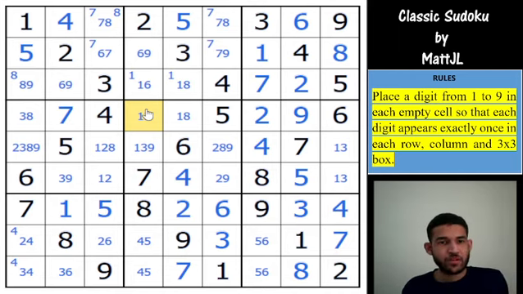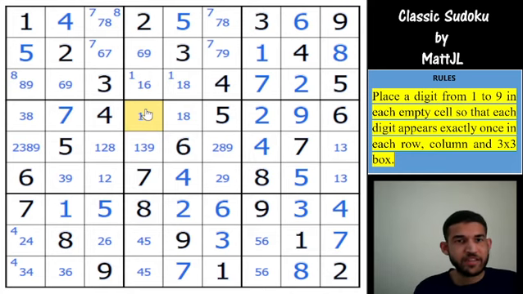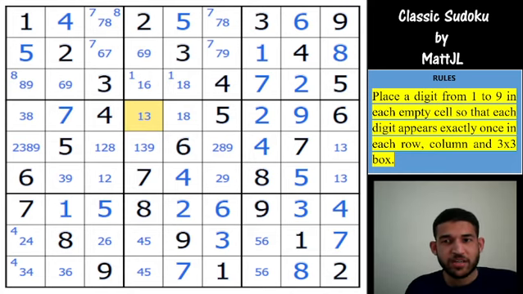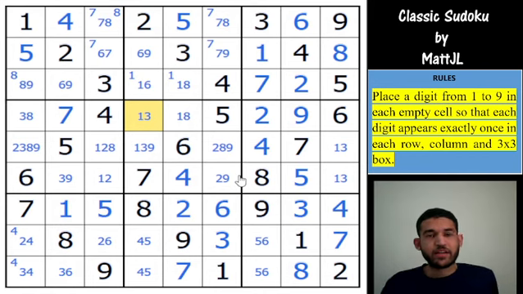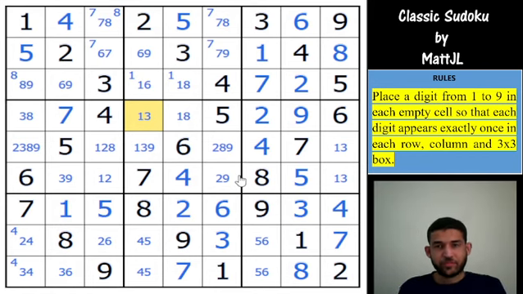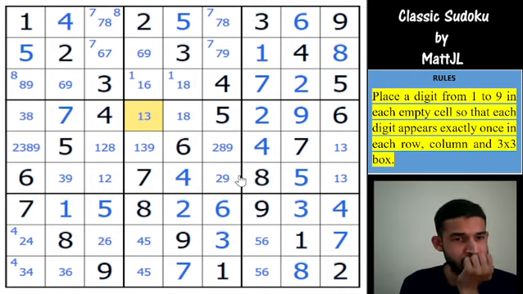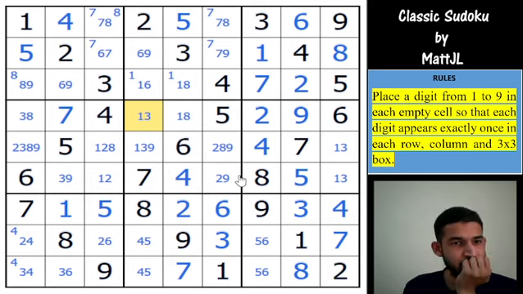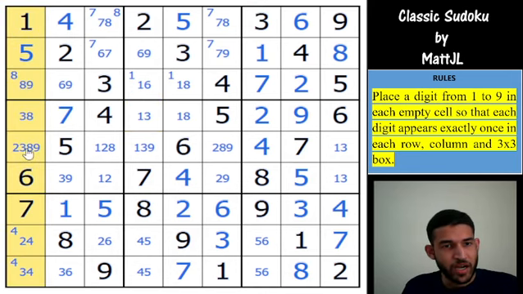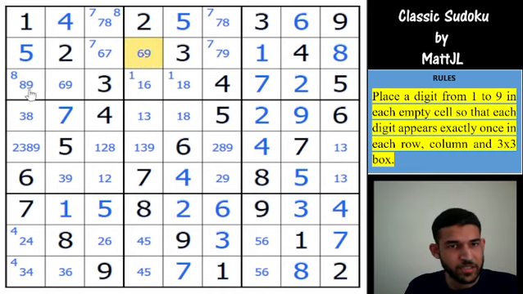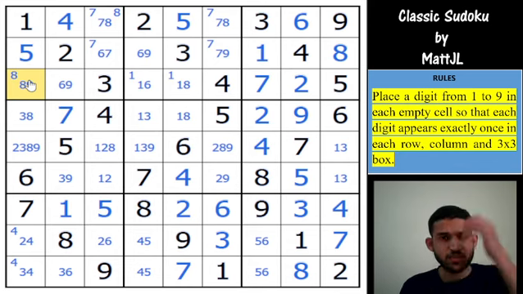Okay. Seems to be tough here, guys. Even after writing all the pencil marks, it doesn't seem to be really easy. Okay, in column 1, I have 9 in these two cells, and in column 4, I have 9 in these two cells, which means that 9 has to be in one of these cells, right?